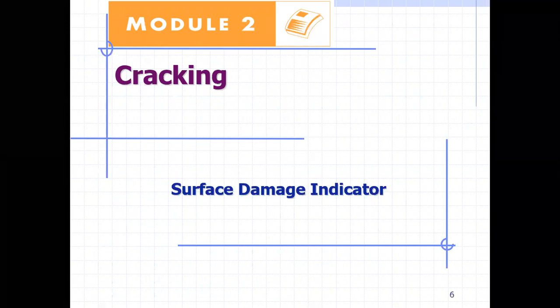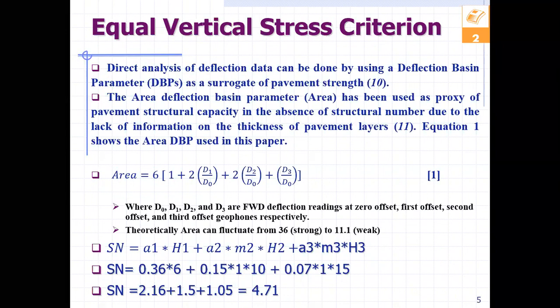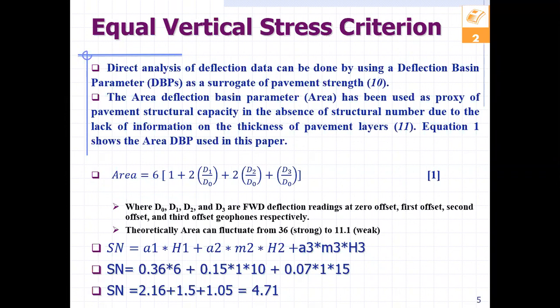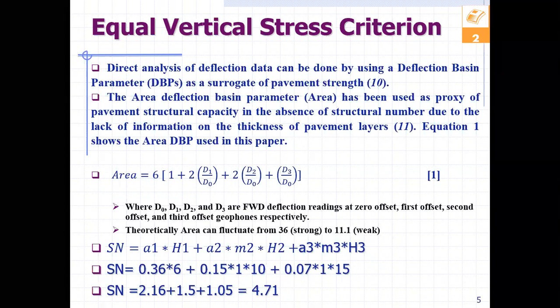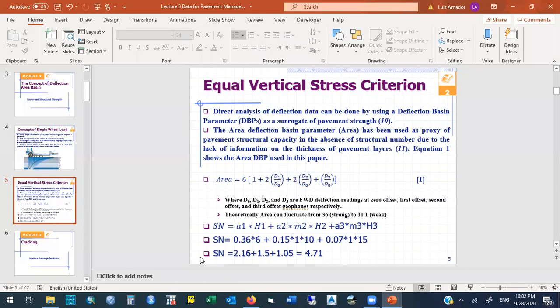So Sir, I have one question about the H. Is it pavement thickness layer? It's the pavement thickness in inches. Yeah, in inches. What about A1 and A2, A3? A1 is a characterization of how strong the pavement is, and is correlated to the elastic modulus of the pavement. The same is true for A2 and A3.